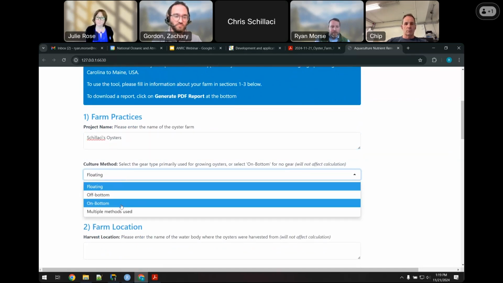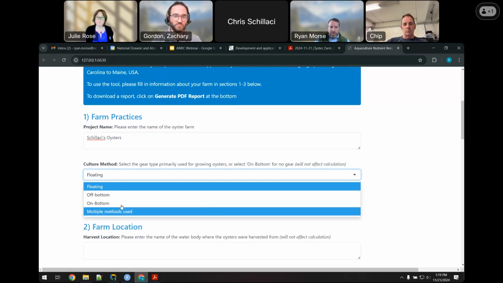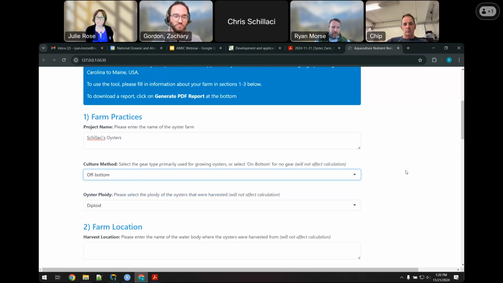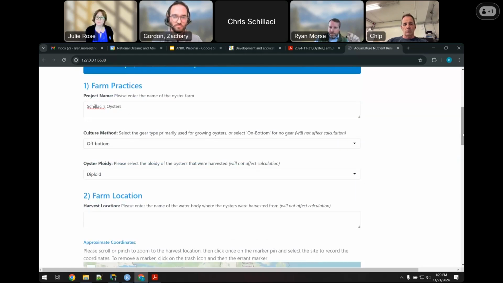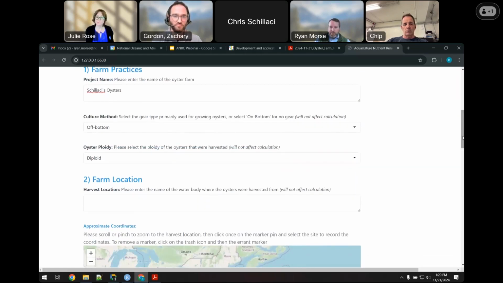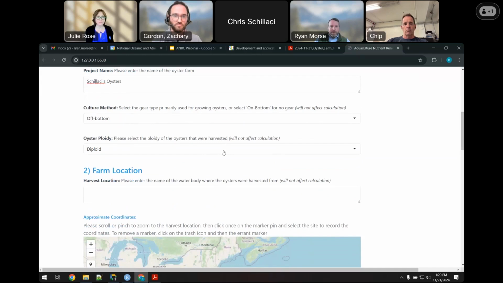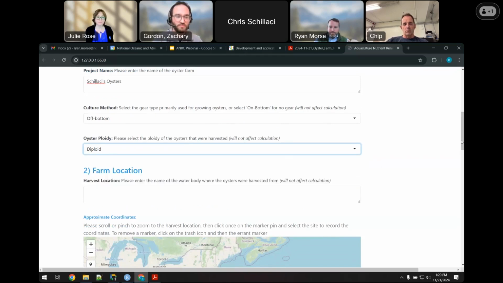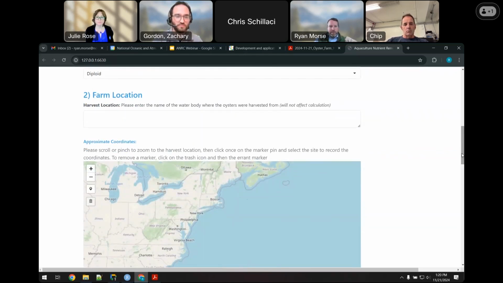So off bottom, on bottom, that would be essentially if you didn't use any gear as well, you could select on bottom, or you could select multiple methods. And again, these don't actually influence the calculation. It's just part of the reporting. It's something that we like to keep track of as well. And then there's oyster ploidy, diploid, triploid, or combination. Again, not influencing the calculation.